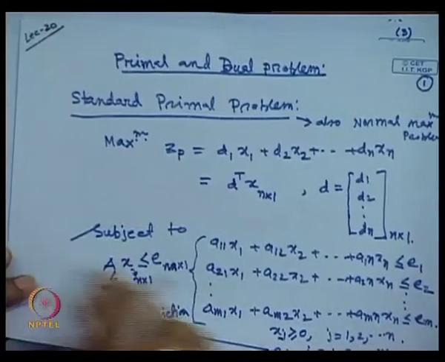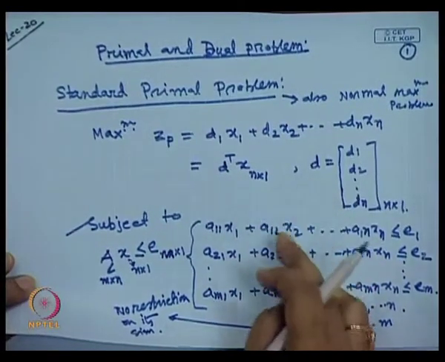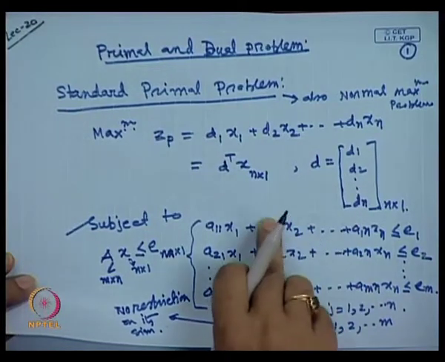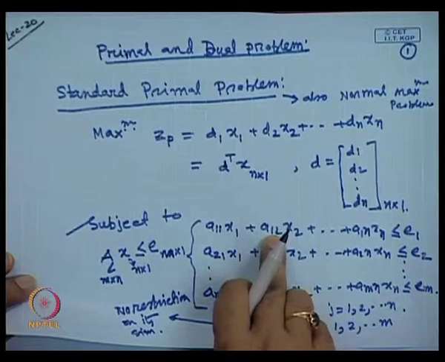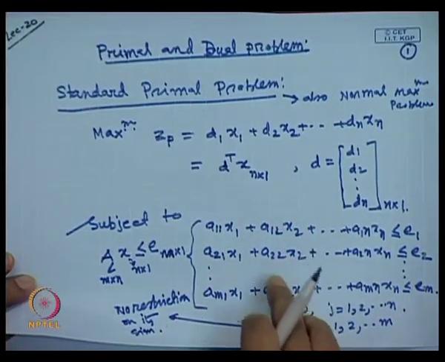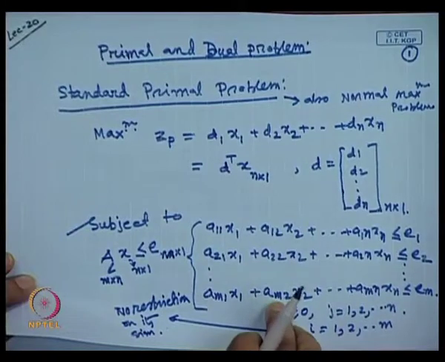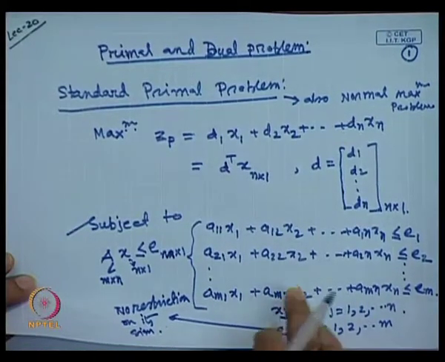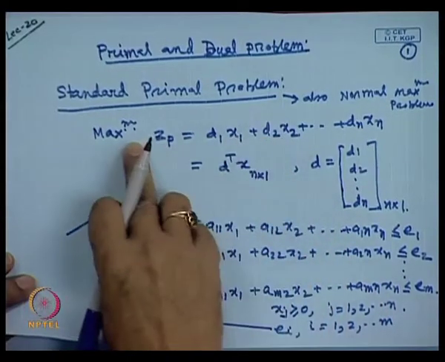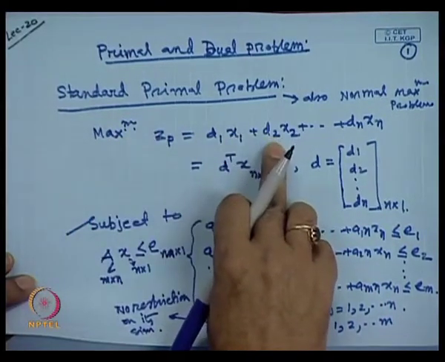Similarly, take the second column: A12 multiplied by Y1, A22 multiplied by Y2, and in this way Am2 multiplied by Ym will be greater than or equal to the second coefficient associated in the objective function of the standard primal problem.